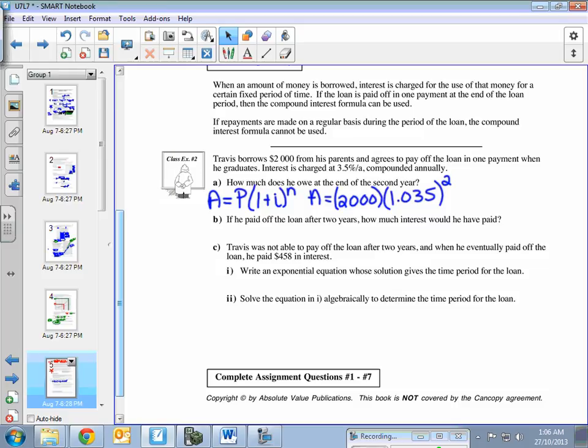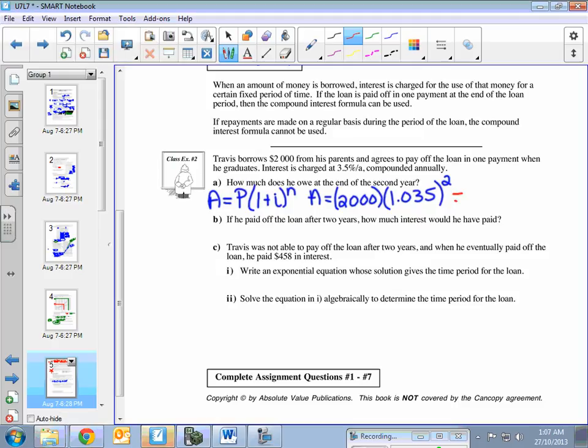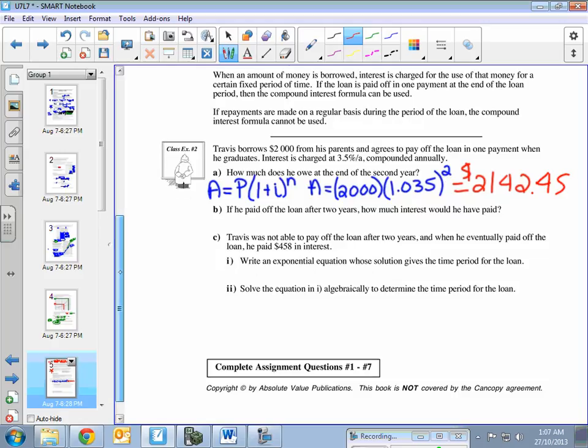Since we have A equals all of this, we can just put it all into our calculator. So let's go 2,000 times 1.035 to the exponent 2. 2,142.45. So $2,142.45.